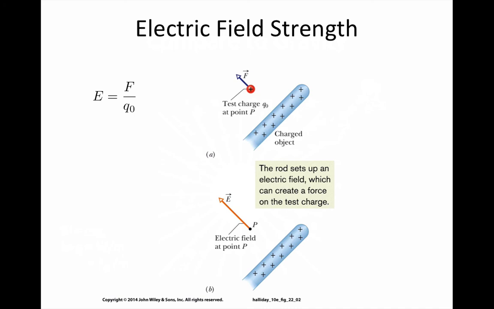If, however, we were to put a negative charge at that point, the field is in the same direction, but the force would be in the opposite direction to the field.